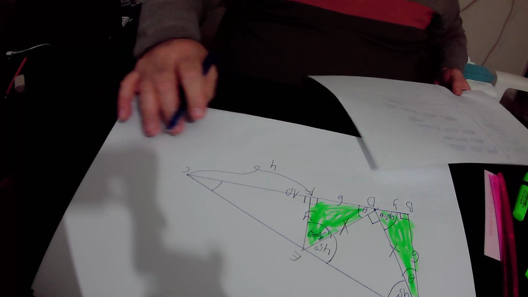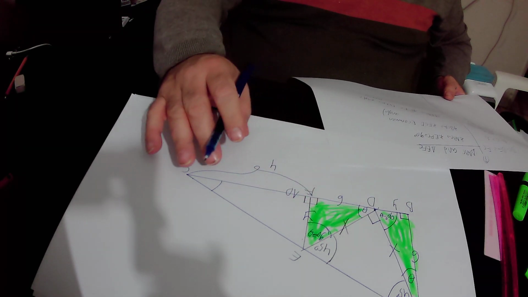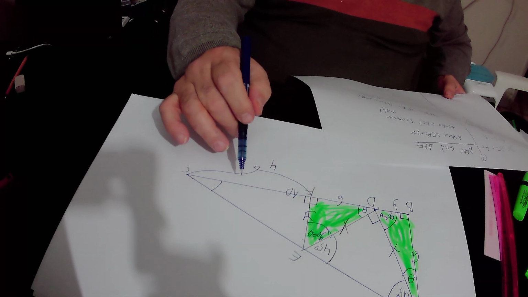Okay, so we proved that all the angles in the big right triangle ABC are equal to all the angles of triangle FEC.